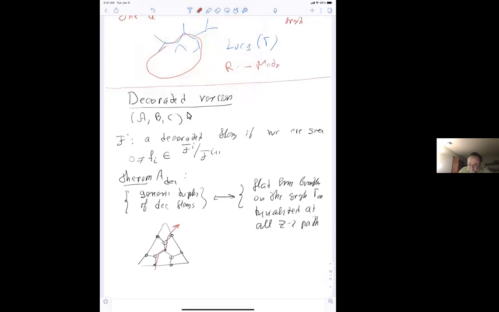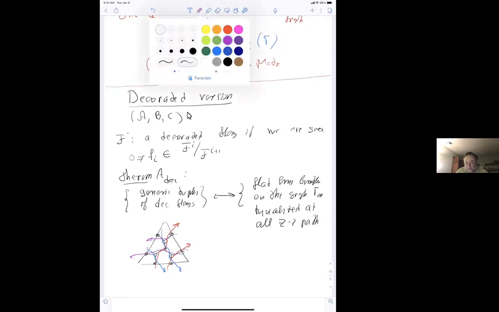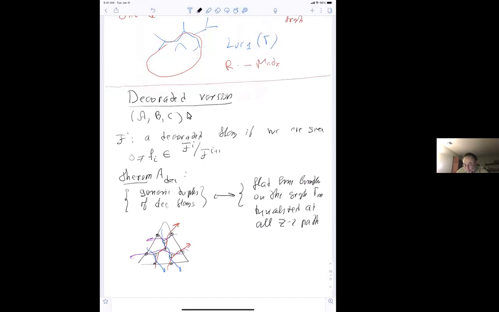When I consider my line bundle, it's supposed to be trivialized on these 2 red paths, but it's also supposed to be trivialized on the ones which you see when I go this way, and on the ones which you see if you go that way. So all in all, you have here 6 zigzag paths, and your line bundle with flat connection, which you get from the previous step, now comes with extra structure that has trivializations everywhere.